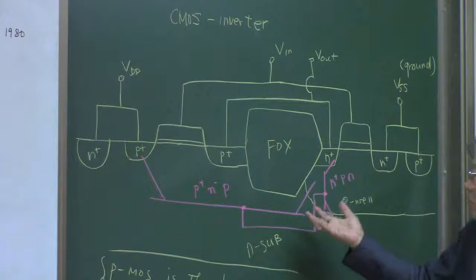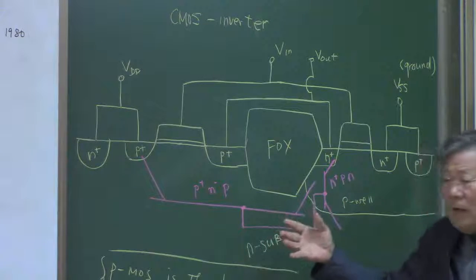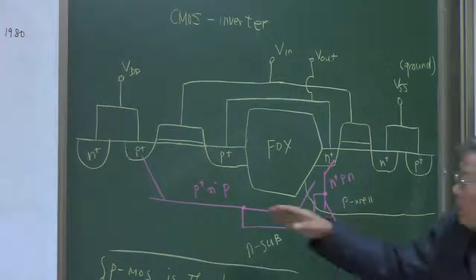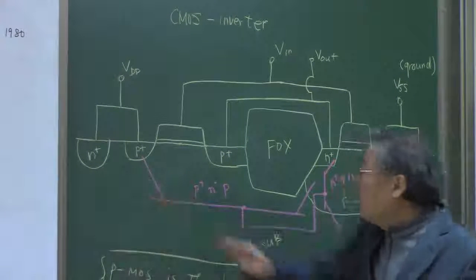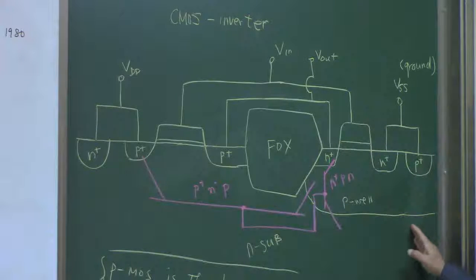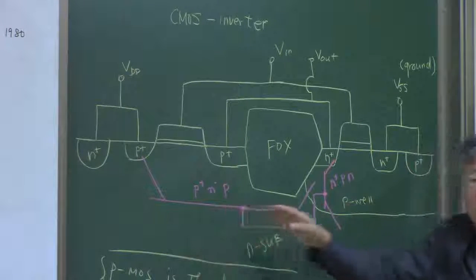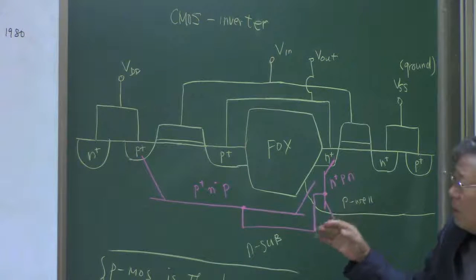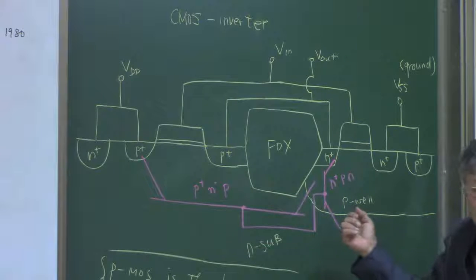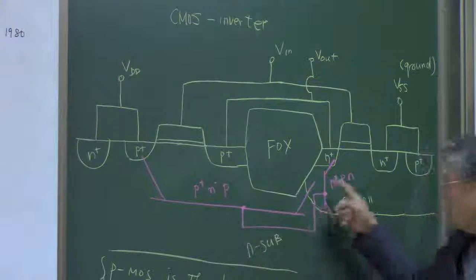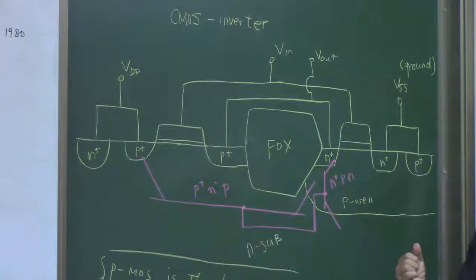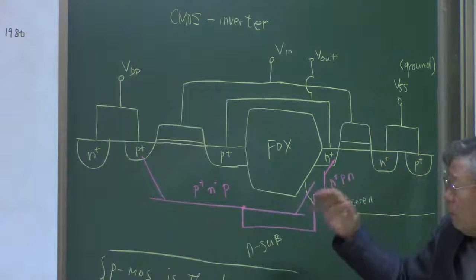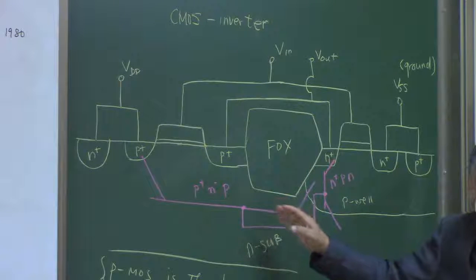Okay, if this bipolar transistor is on, then we are going to have a tremendous current passing through this drain and the source. Okay, through these two bipolar transistors, an enormous amount of current can pass when this bipolar transistor is on, triggered on, and that high current will hit the whole thing.